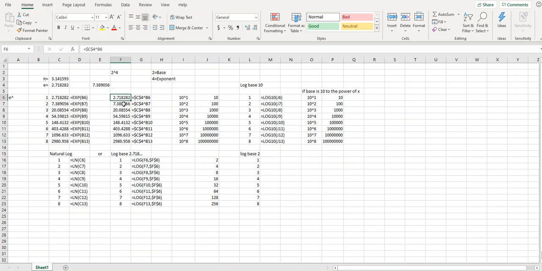And so you just see here we have 2.718, that is Euler's number here, the power of 1, the power of 2, and so forth. And just notice that the column here, F, when we take the 2.718 to the power of 1, 2, 3 through 8 is equivalent to using the exponent function. These two are identical, okay?